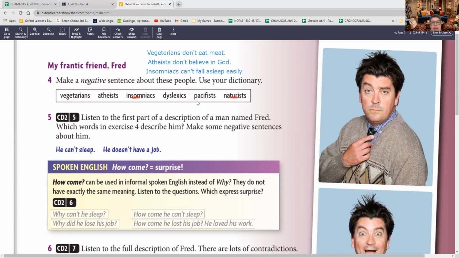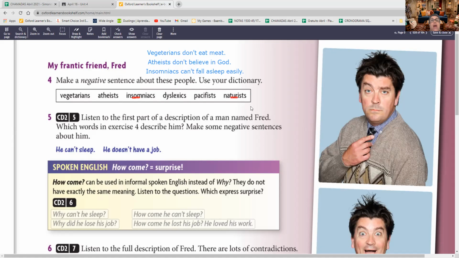So after doing that, of course, dyslexics, for example, I can make a sentence like this. Dyslexics don't write well or don't read well, okay, for example. The next one, pacifists. Pacifists don't agree with war. They don't like war.